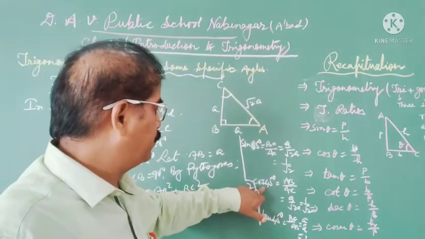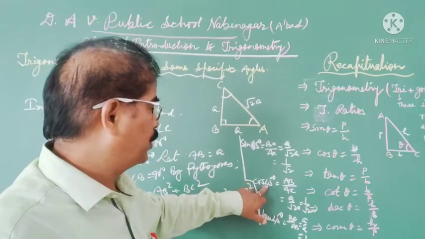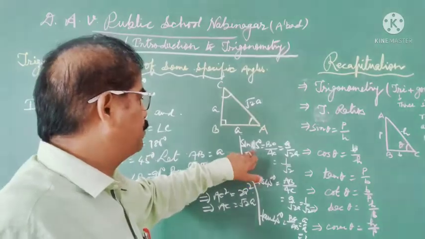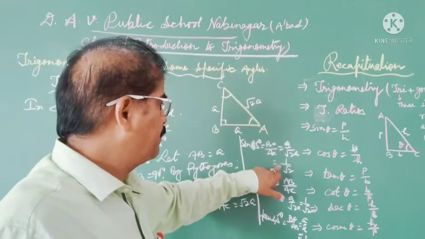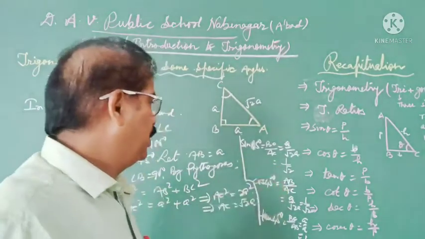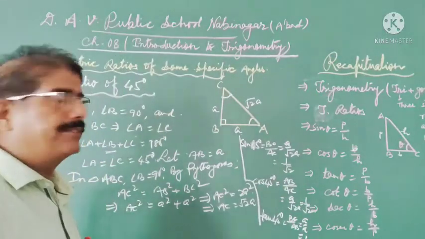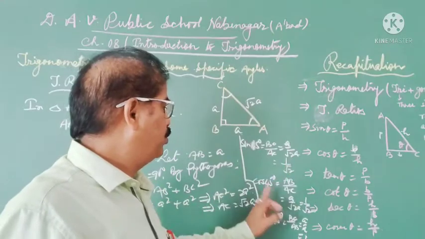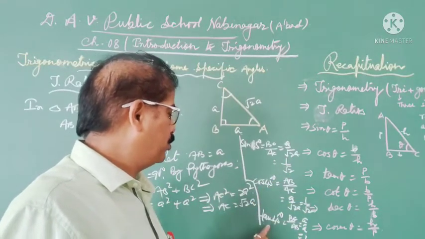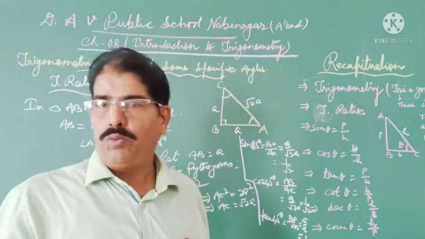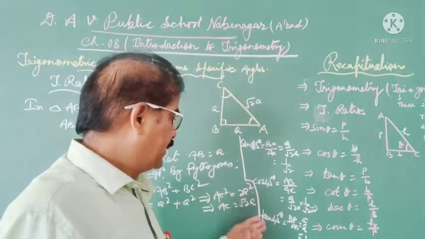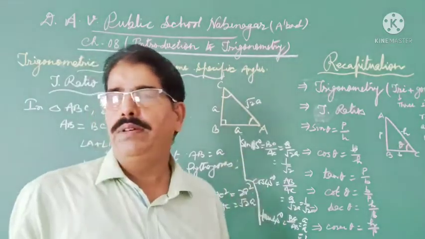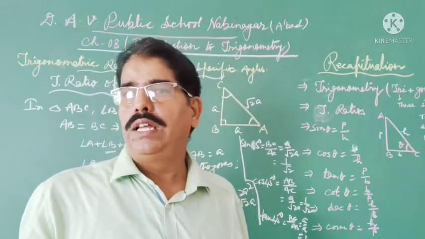Sec 45 is equal to reciprocal of cos 45, it is root 2, and cosec 45 equal to reciprocal of sin 45, that is root 2. So we observe that sin 45 is 1 by root 2, cos 45 is 1 by root 2, tan 45 is 1, cot 45 is 1, sec 45 is root 2, and cosec 45 is root 2.